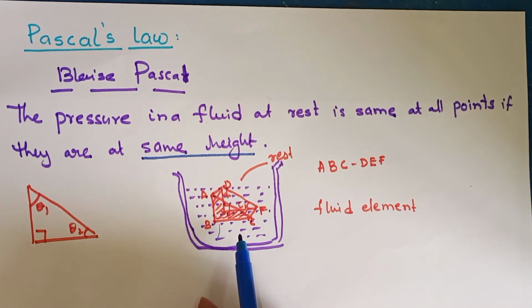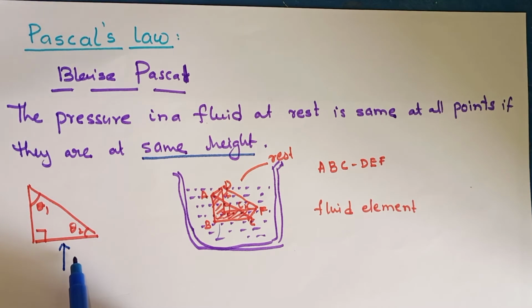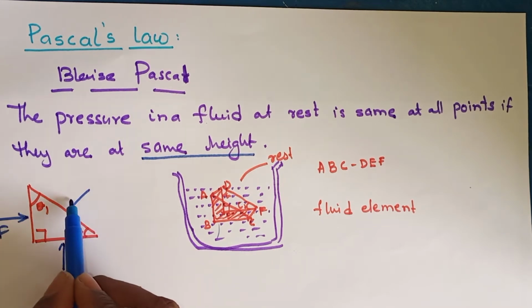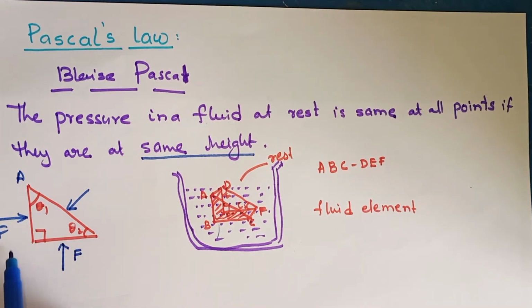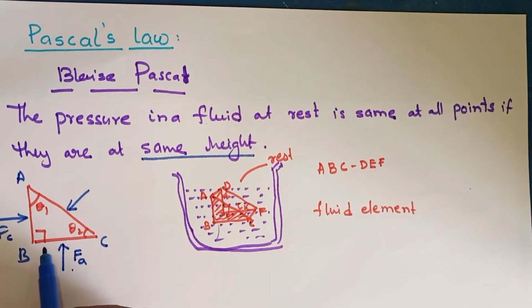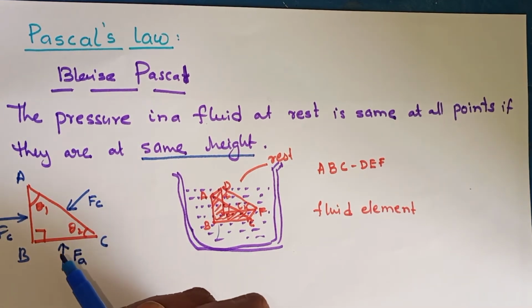Now let's say this is the force exerted by the fluid on the simple fluid element. Opposite to A we can write it as Fa force, opposite to C Fc, opposite to B Fb force is there, right?